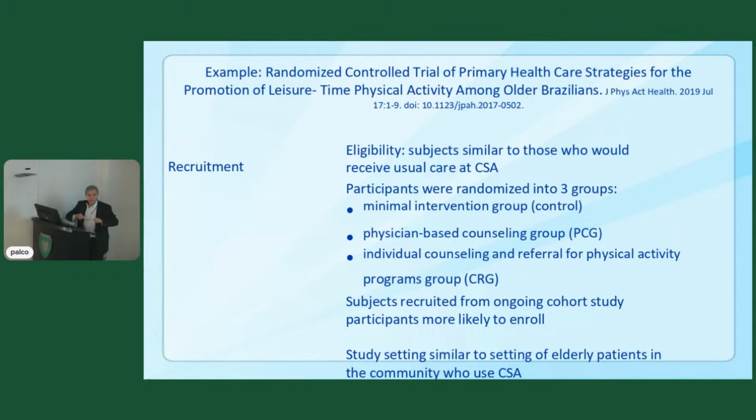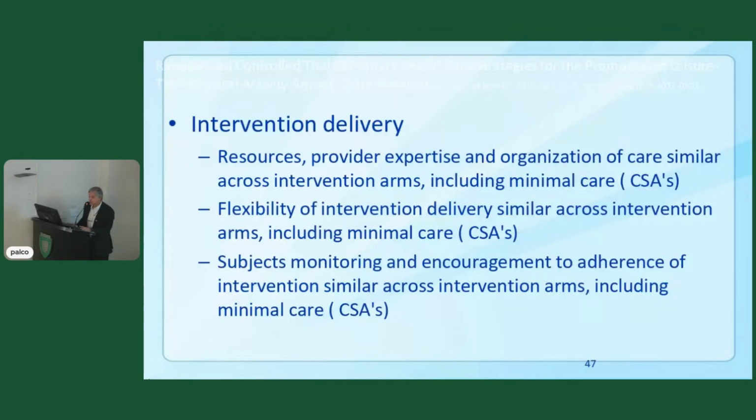There's no set schedule. They'll come and schedule, really close in time to participate. So intervention was delivered, resources, provide expertise in organization of the care was similar for intervention arm because they're all delivered through the CSA.